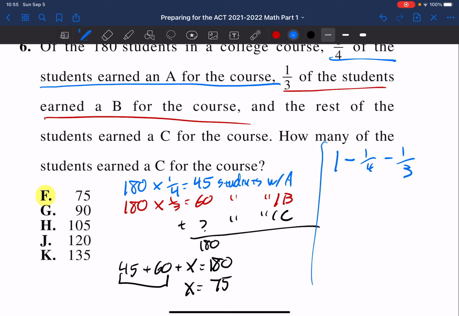So we've got 4 and 3. The lowest number that those both have in common is a 12. So that's 12 over 12 minus 3 over 12 minus 4 over 12. And when we make that subtraction, we have 5 over 12. So that's the fraction of the class that got a C. Then we multiply that by 180, and we're going to get 75 for this problem.